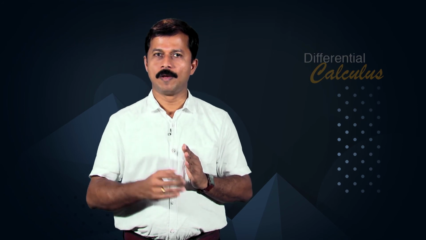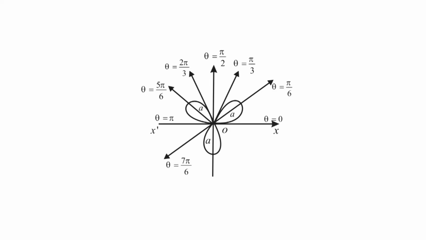That is, the curve returns back to the pole when θ varies from 0 to π/3. Hence, there is a petal or loop between θ = 0 and θ = π/3. By the symmetry of the curve about the line θ = π/2, there is also a loop between θ = 2π/3 and θ = π.